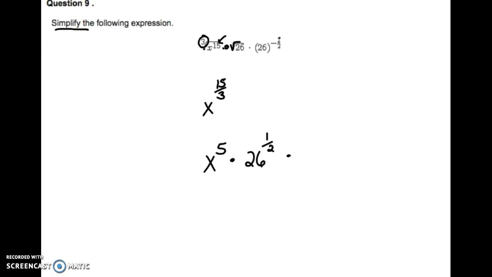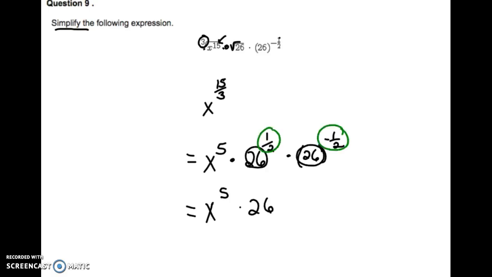And I'm just going to rewrite times 26 to the negative 1/2. So we're going to keep our x to the 5th. When the bases are the same, these 26's, you keep the base and we add the powers. Well, 1/2 plus negative 1/2 is 0. And we know that any number to the 0 is 1. So that would just be x to the 5th.